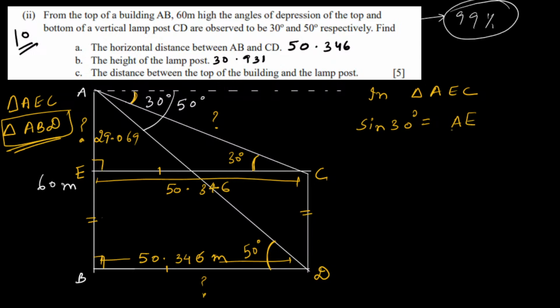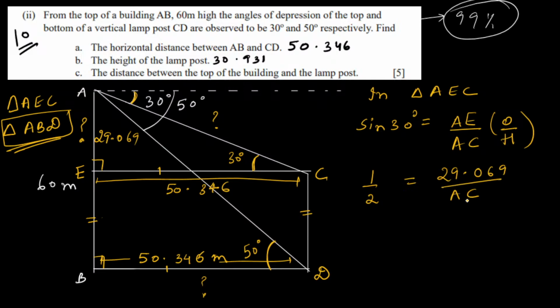Perpendicular by hypotenuse, or opposite by hypotenuse, that we all know. Sine 30 is 1 by 2. So we have to find AC. AE's value we have already found, 29.069. By AC we'll do cross multiplication here. So AC is equal to 29.069 into 2.